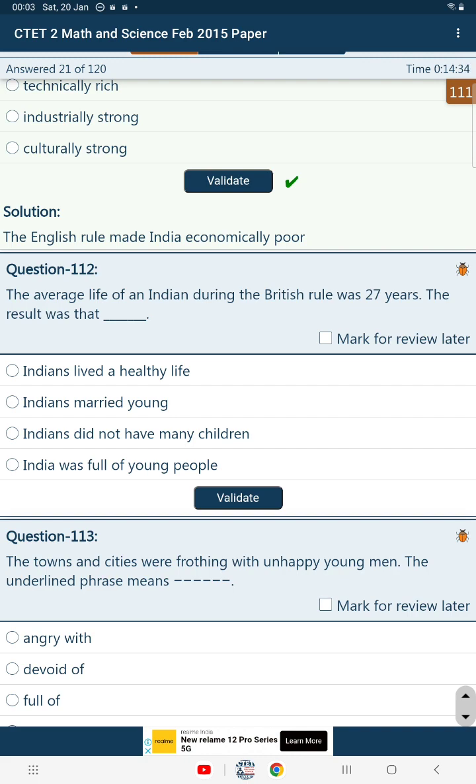Indians lived a healthy life. Indians married young.